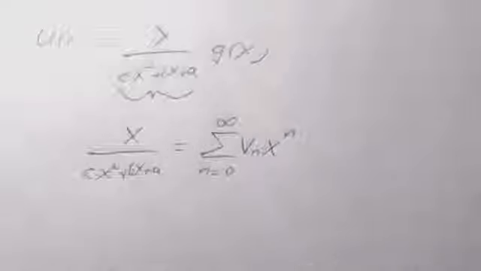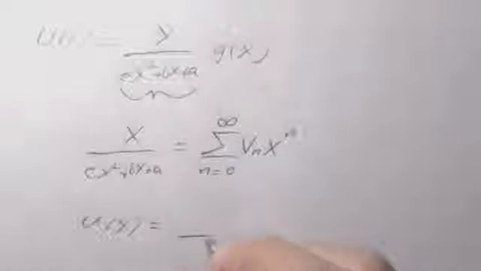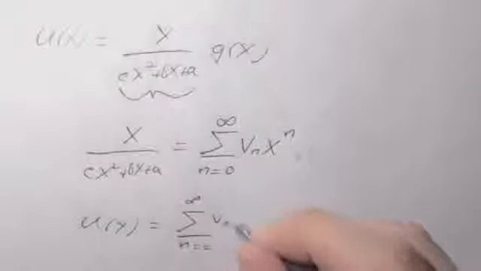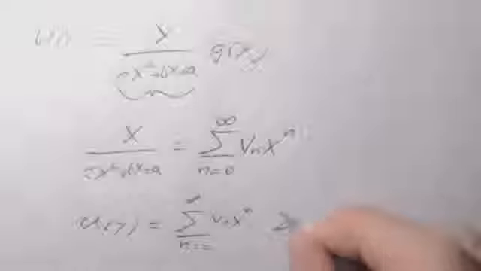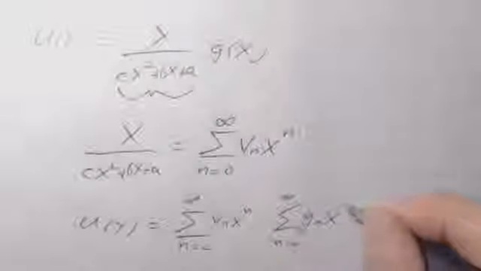And so then we have that u(x) is this product, the sum from n equals 0 to infinity of v_n x to the n times the sum from n equals 0 to infinity of g_n x to the n.